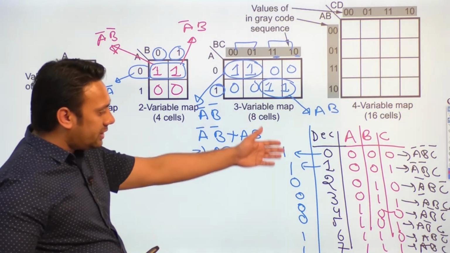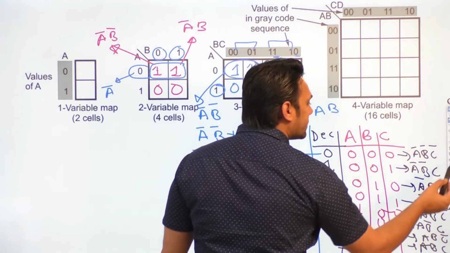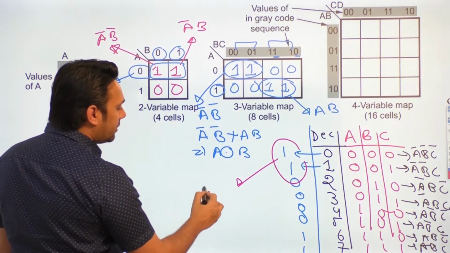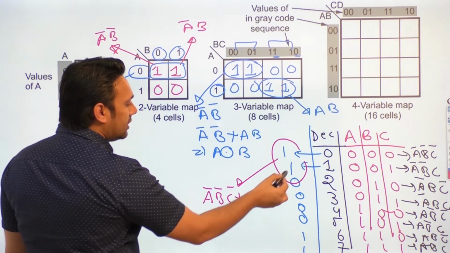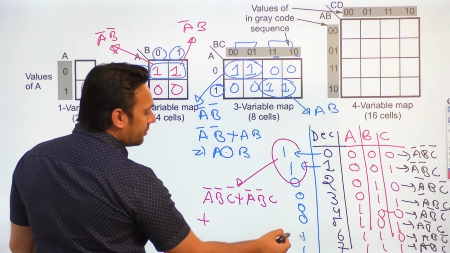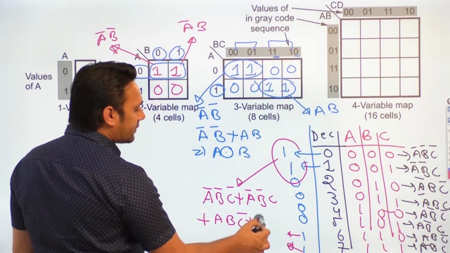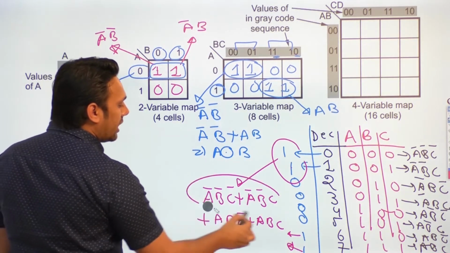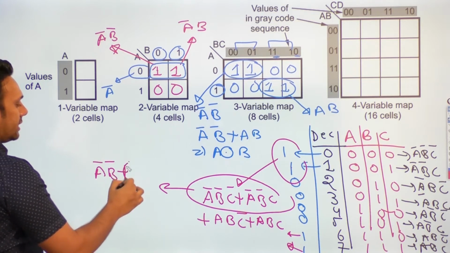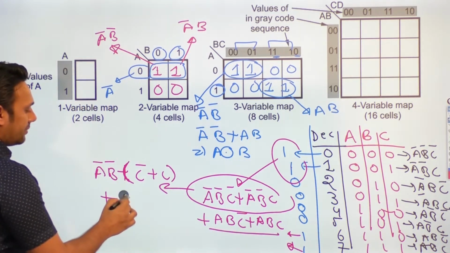A XNOR B. The same can be calculated using this truth table. इस truth table से भी हम इसको same को calculate कर सकते हैं. How can you calculate? Just take these combinations. तो ये जो combination है क्या represent कर रहा है? This is representing A complement, B complement, C complement, plus this combination is representing A complement, B complement, C, plus this combination is representing A, B, C complement, plus this combination is representing A, B and C. From these two, I can take A complement, B complement as common, and inside the bracket we are going to have C complement plus C, plus from these two I can take AB as common.